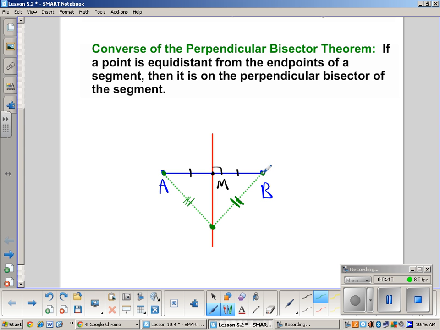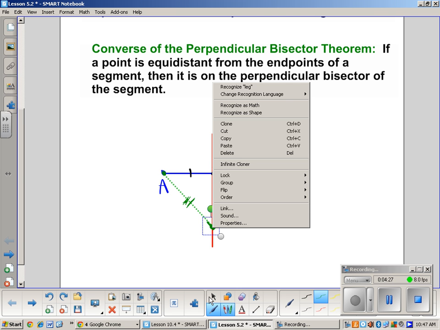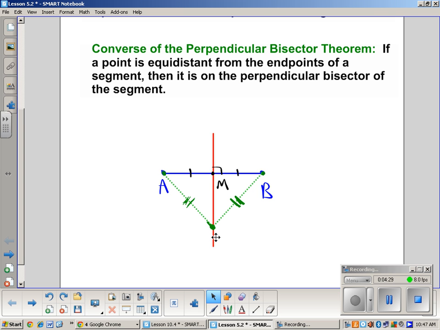The converse of that is just switching it around. It's saying if the distance from here to this endpoint is the same as the distance from here to this one, then this point has to be on this perpendicular bisector, which is this red line. It's just switching around what you started with and what you end up with. That's what the converse does.